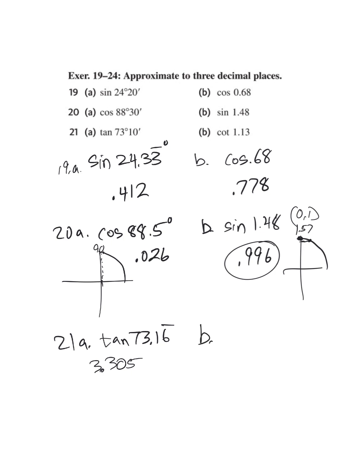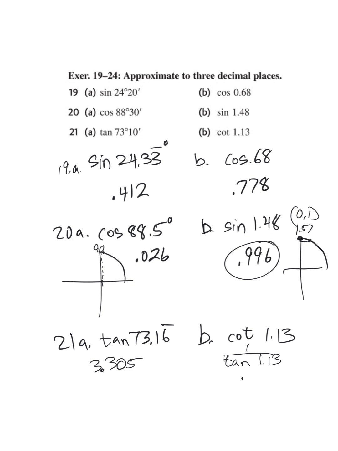B, cotangent of 1.13, put it in radian mode. And when you do this, just take the tangent of 1.13, okay? Because cotangent is the same thing as 1 over the tangent of 1.13. So take the tangent of 1.13 in radian mode, okay?